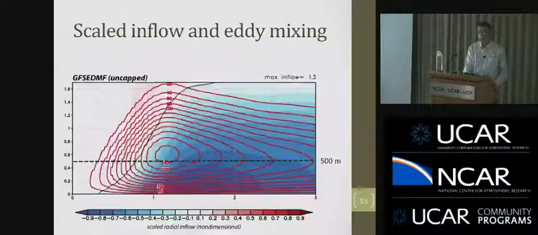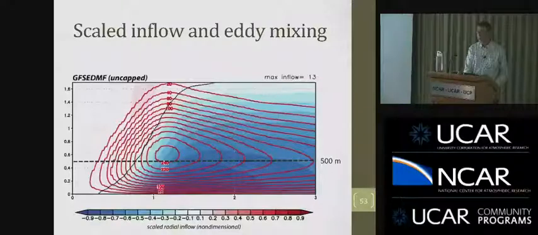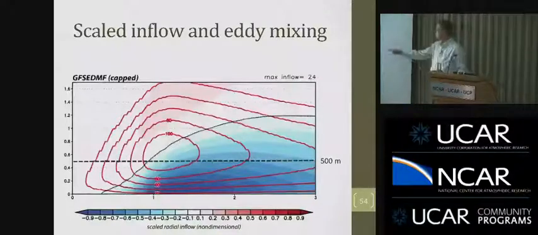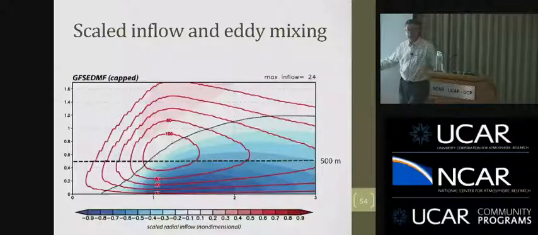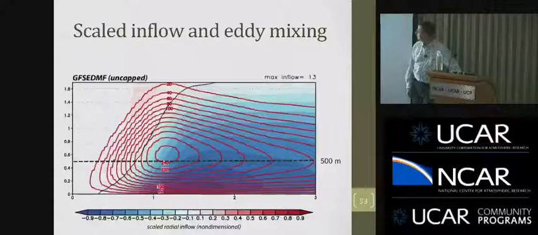And if you just focus on the blue field, it makes a big difference as far as the depth and the vertical wind shear within the inflow layer is concerned. I'm scaling the inflow by the maximum inflow, and the maximum inflow is reported in the upper right here. With the GFS cap, it's 24 meters per second. With the uncapped, it's even much weaker.